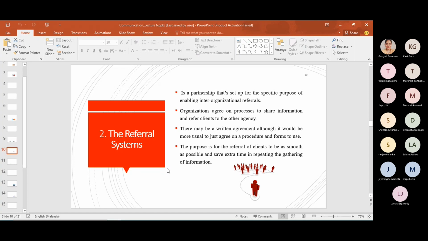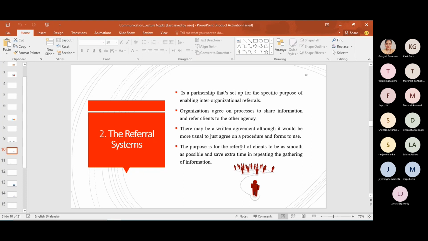So we were talking about referrals, right? In referral systems, referral means recommendations. So in referral systems, what happens is one organization recommending another organization for their clients.